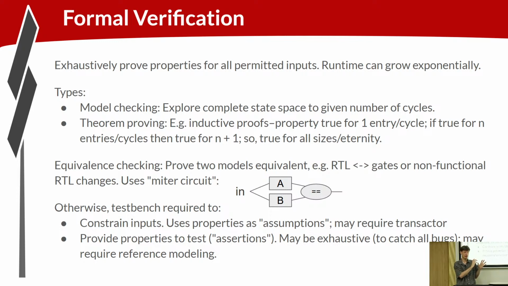My property will be much simpler to prove with one entry than with 1,000 entries. Prove that it's true for one entry, and then also prove that if it's true for n entries, it's true for n plus 1 entries. Proving that delta between n and n plus 1 can be a fairly simple proof. If you can prove that it works for 1, and that if it works for n, it works for n plus 1, then you've proven that it works for all possible sizes of a structure.